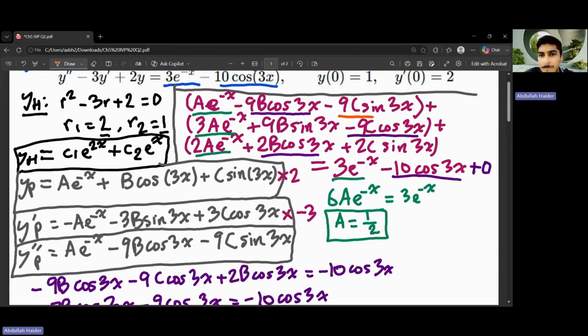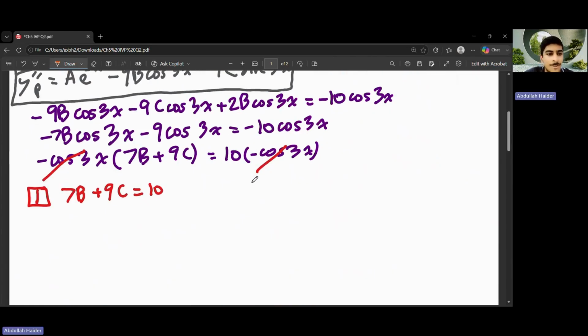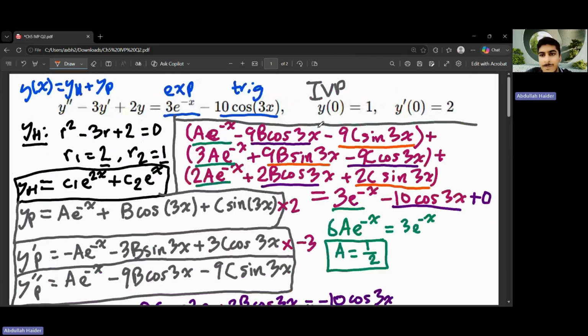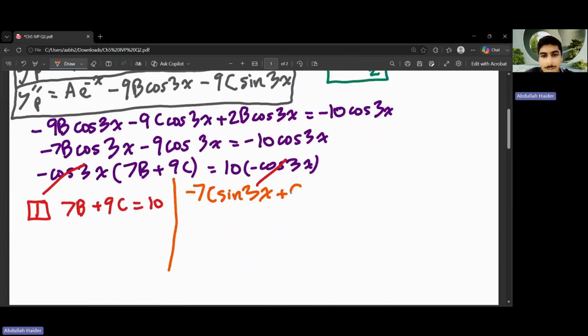So we have a sine here, we have a sine here, we have a sine here. So this will give minus 9c plus 2c, which is not minus 7c sine 3x, plus 9b sine 3x.